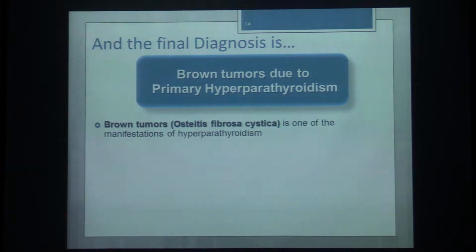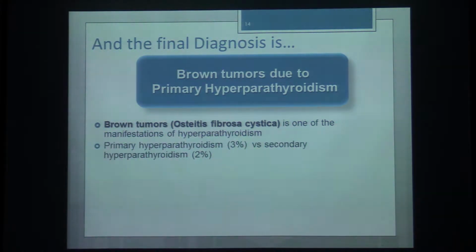So to sum up, brown tumors, or osteitis fibrosa cystica, are one of the manifestations of hyperparathyroidism. It is slightly more common in primary hyperparathyroidism versus secondary, but since secondary hyperparathyroidism is much more common, most of the brown tumors are actually due to secondary hyperparathyroidism.